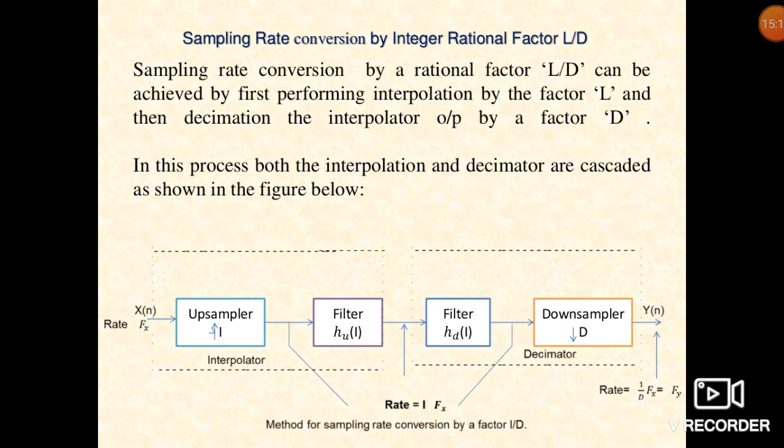As you can observe here, the first filter H of L represents the anti-imaging filter with a cutoff frequency of pi by L, whereas the second filter is used to remove the aliasing for the downsampling part. It acts as an anti-aliasing filter, and the cutoff frequency for this filter is pi by D, or pi by M, what we can call it as.